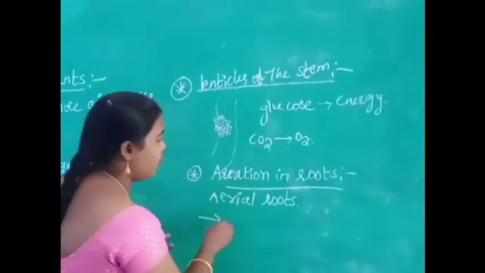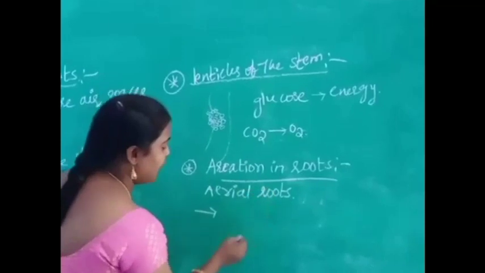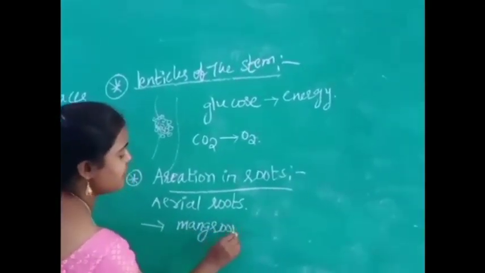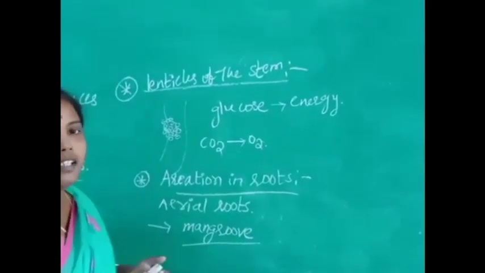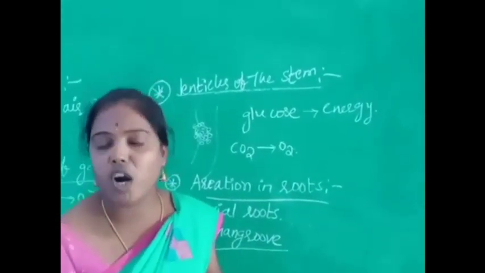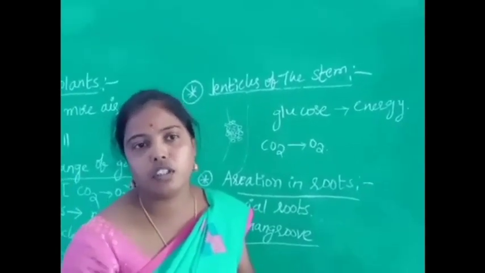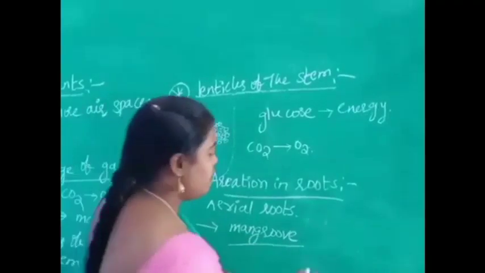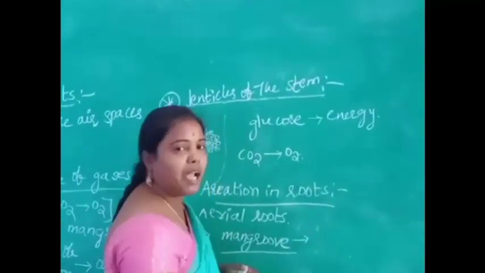For example, of an aerial root plant, the mangrove. Children, we already discussed this in previous classes. The mangrove plant is present in the coastal region, where more water is available. In those places we observe mangrove plants. So what is the speciality of the mangrove plant?